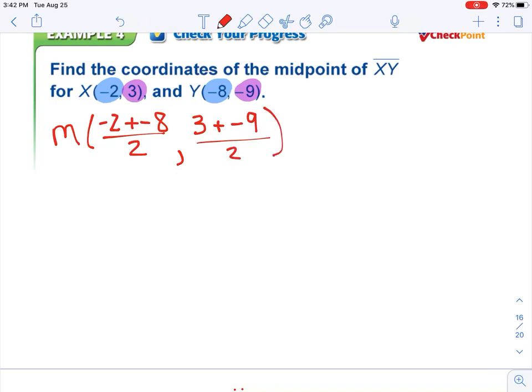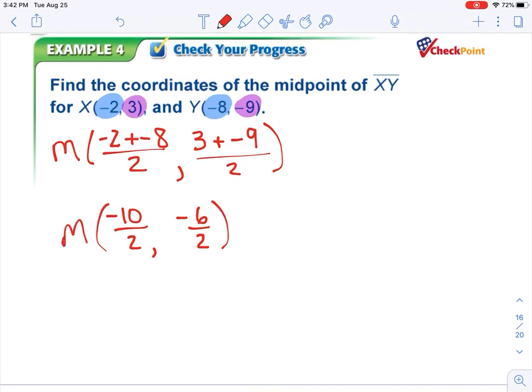Go ahead and simplify each separately. And then divide. And that is your solution.